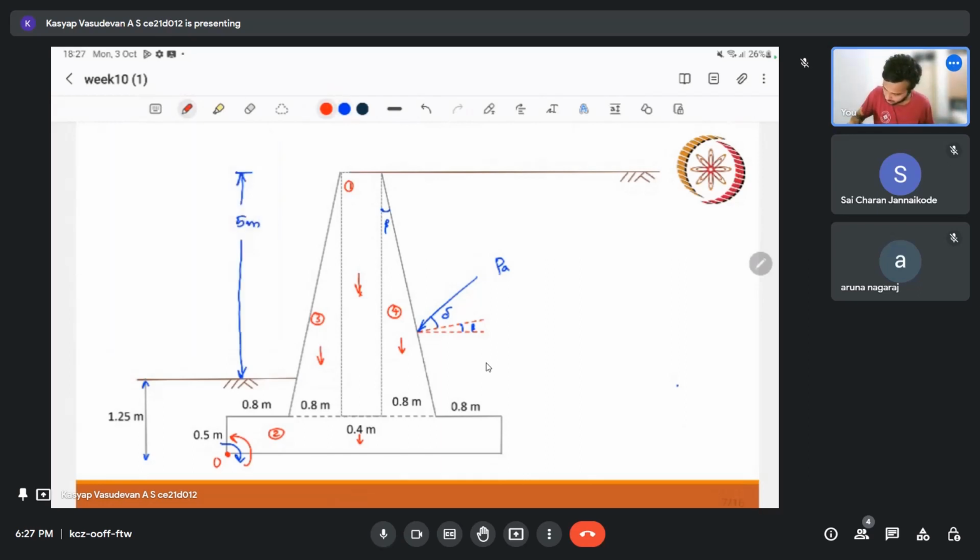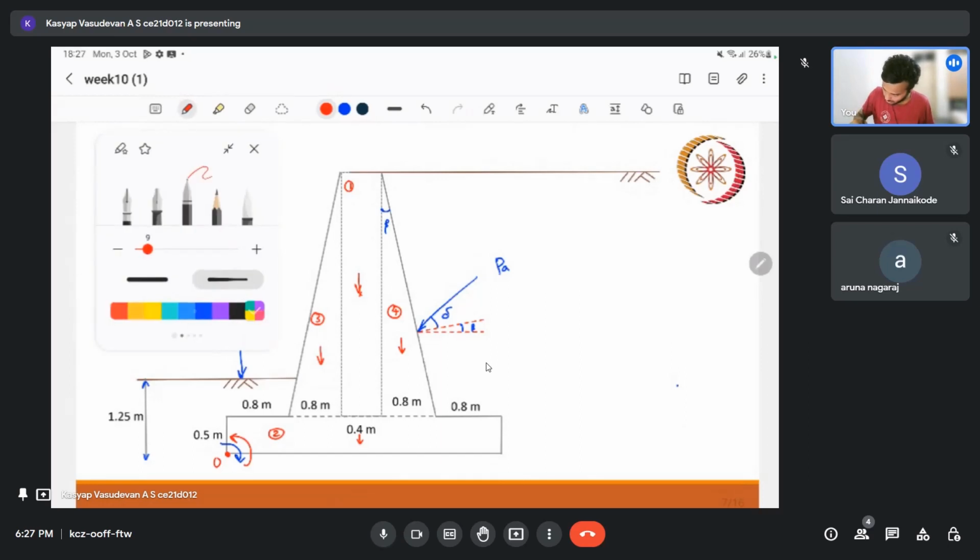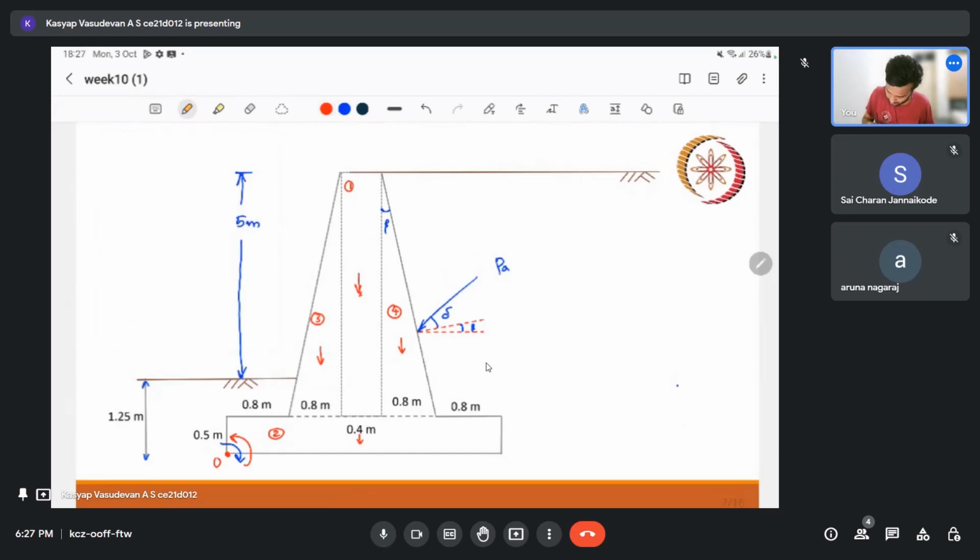Using another color, I can resolve this as PAV and PAH. So I can resolve it into two, and this along with other values like our self weight values W1, W3, W2, and W4.